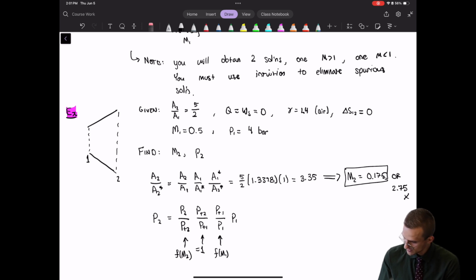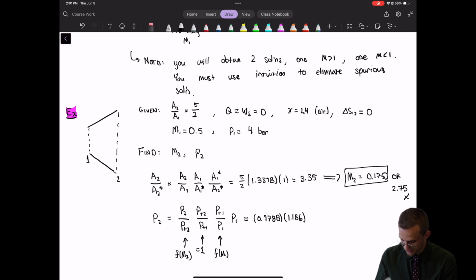So what this ends up giving us is 0.9788 times 1.186, those two values we looked at in the table, times the previous pressure at state 1, and that is equal to 4.64 bar.